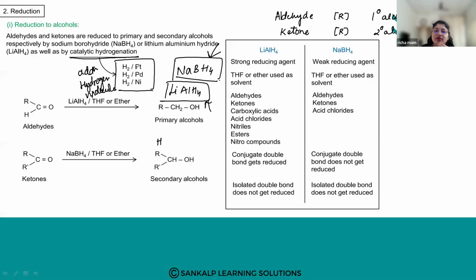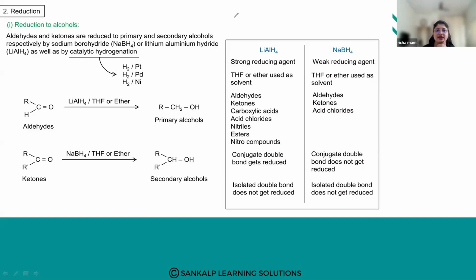In the presence of platinum, palladium, or nickel as the catalyst. So aldehydes and ketones are reduced to primary and secondary alcohols by using sodium borohydride or lithium aluminum hydride, or we can do catalytic hydrogenation.